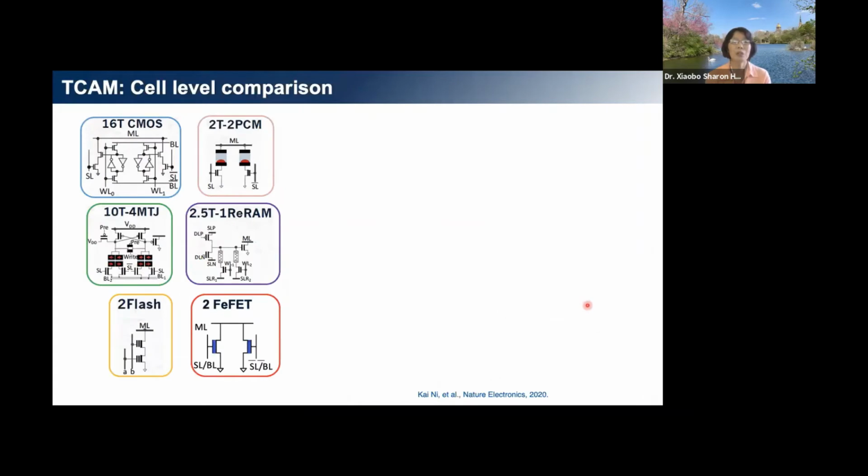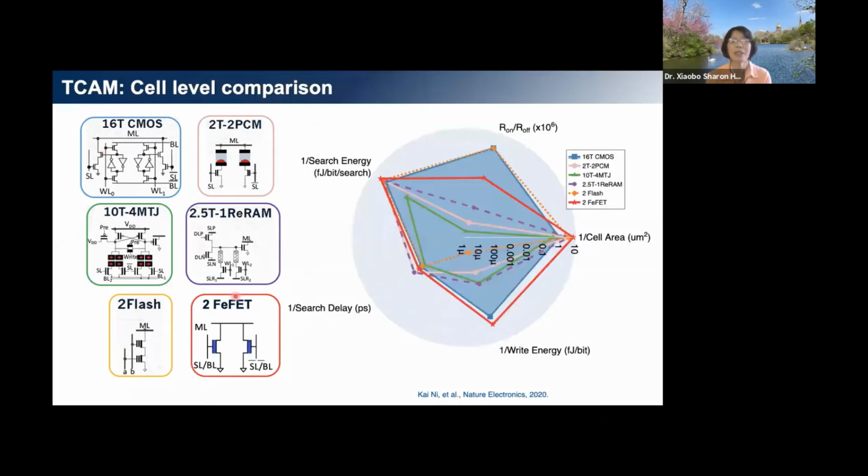Now, you say, yes, it is compact. How does it compare with other types of TCAM design? Besides FeFET, there are RRAM based cell designs, PCM based, MTJ based, and of course the CMOS. So we did a comparison. This is using a radar chart to show the different figures of merit, comparing all these 6 different kinds of TCAM cell design.